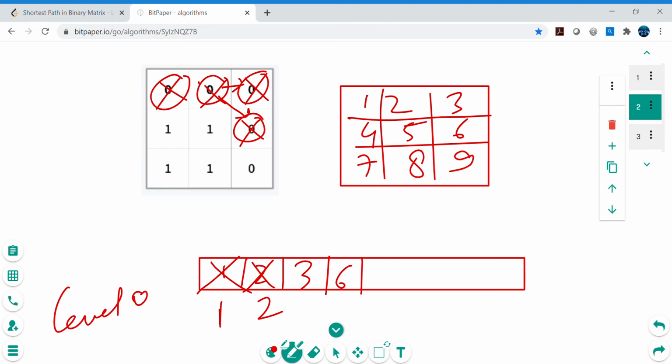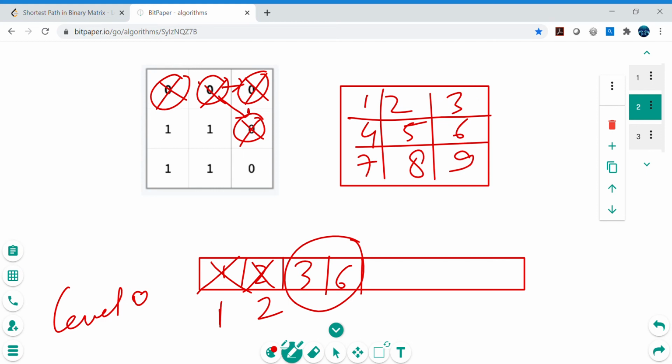So from this level, cell number 2, we visited 2 cells, 3 and 6. So now the queue size has become 2, and the queue contains 3 and 6.